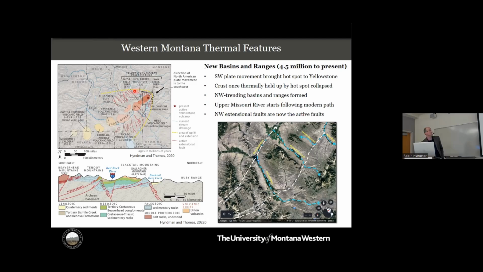Okay. In Southwest Montana, the age of the faults are about 4.5 million years. That means the continental divide that you know today formed 4.5 million years ago. That is yesterday geologically.